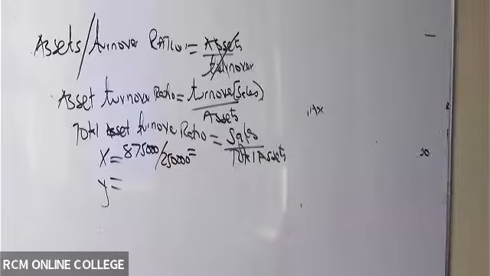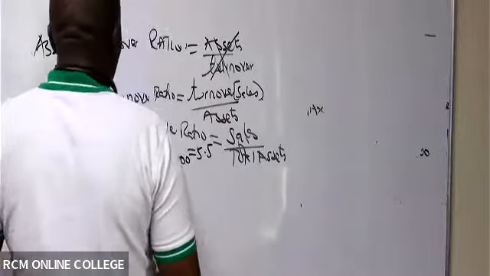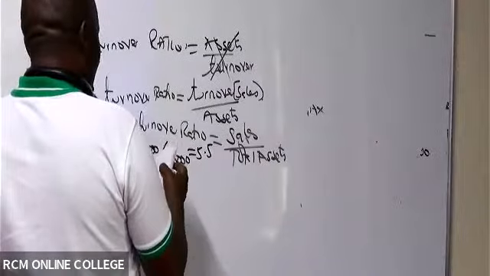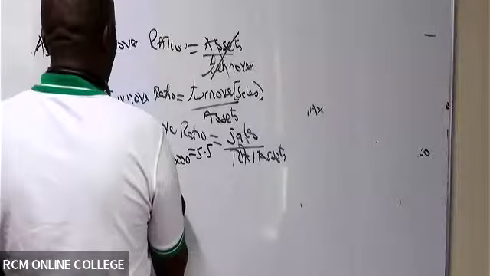So X at the end of the day will be able to give me 5.5. The higher the turnover ratio, the better the investment. For Y, am I able to see the sales turnover for Y? Yes, it is 1,368,000.